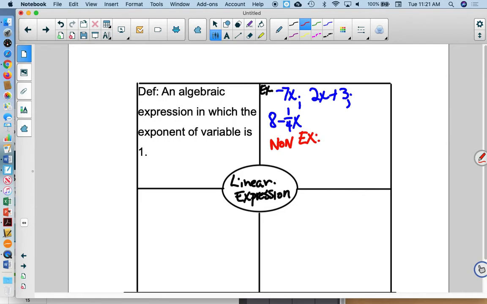Non-examples. x cubed is not a linear expression. It's not one. Because why? It's cubed. Yeah, the exponent is not a 1. Negative 5x squared plus x. Is that a linear expression? No, because one of the variables has an exponent that is greater than 1.